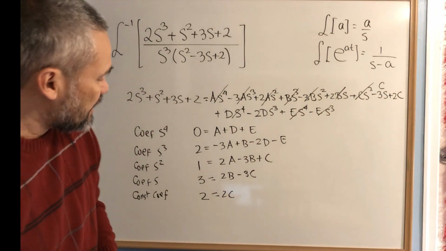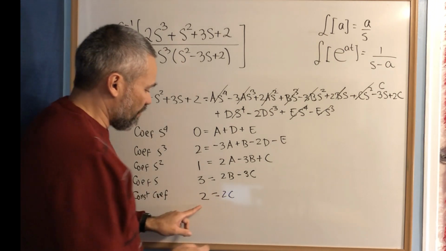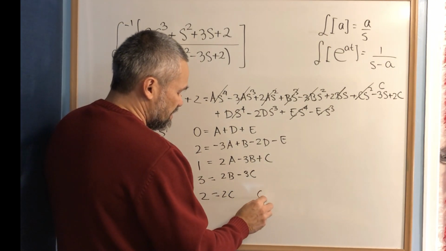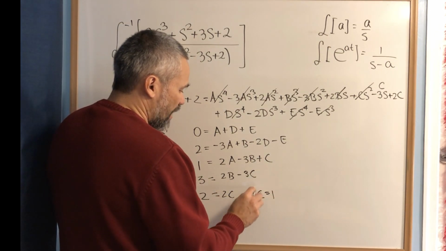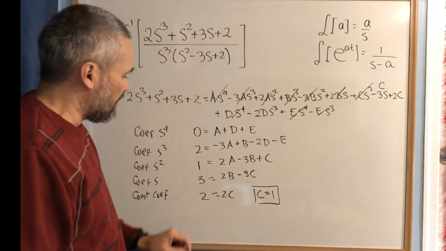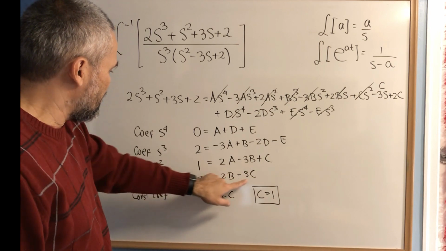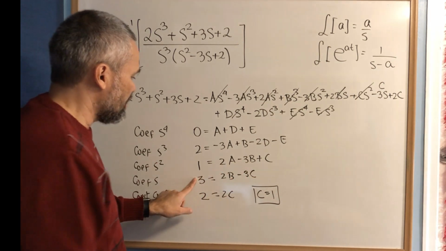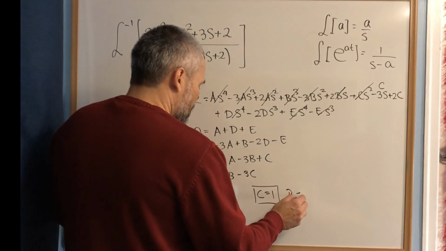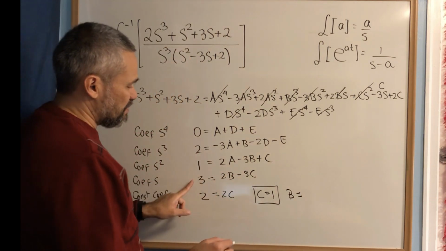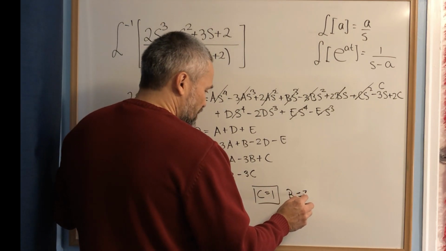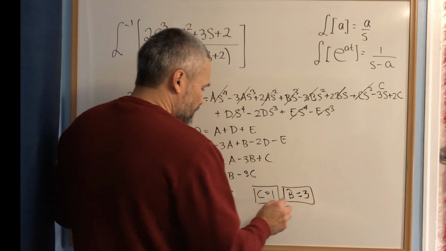Let's solve the system. From the last equation, we have that c must be 1, right? If c is 1, then we have negative 3, and 2b must be 6. That means that b must be 3, right?